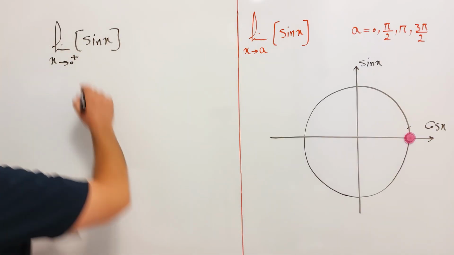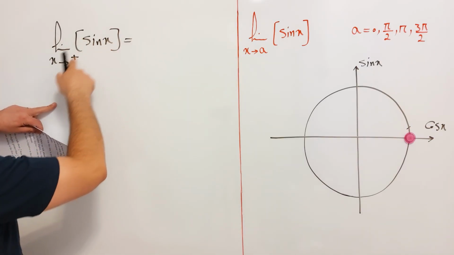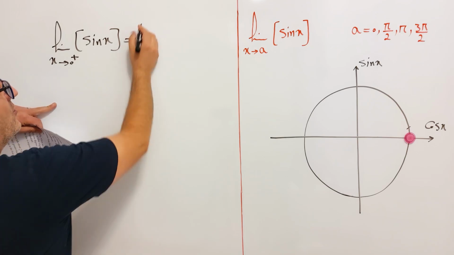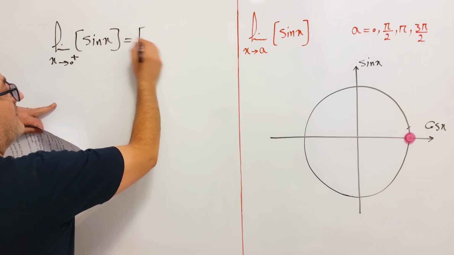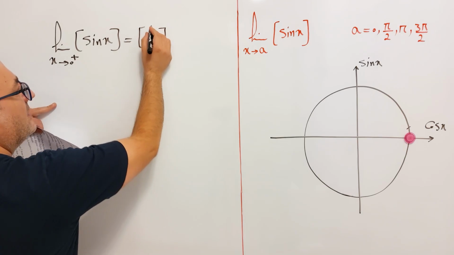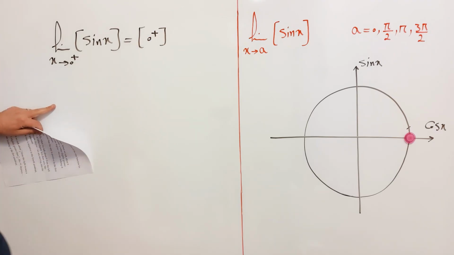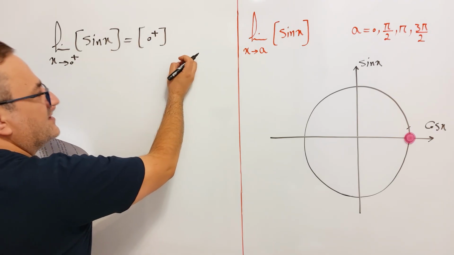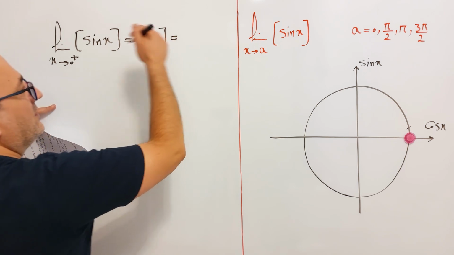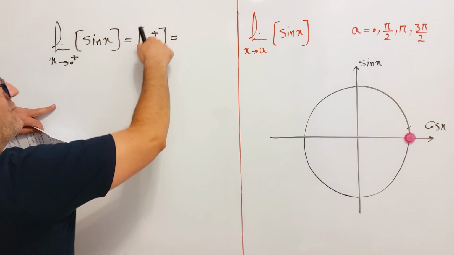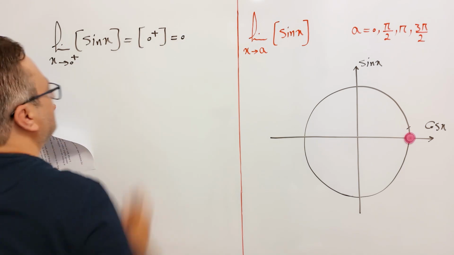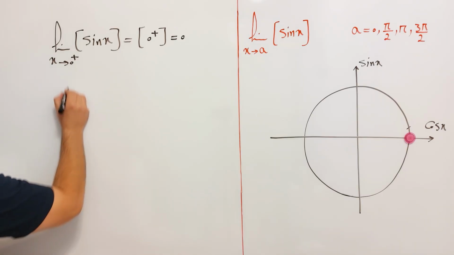So we know that sine of 0 is 0, so the floor of 0 from the right, meaning greater than 0, is equal to 0.